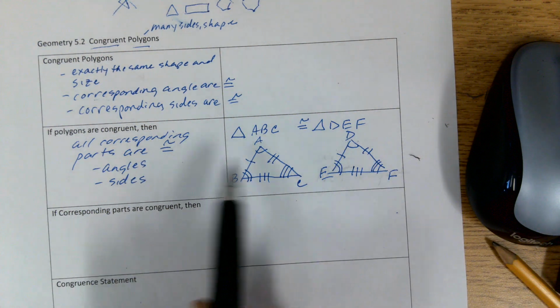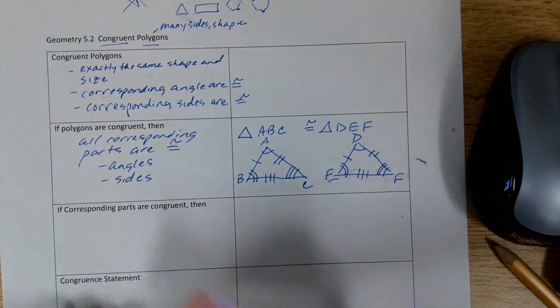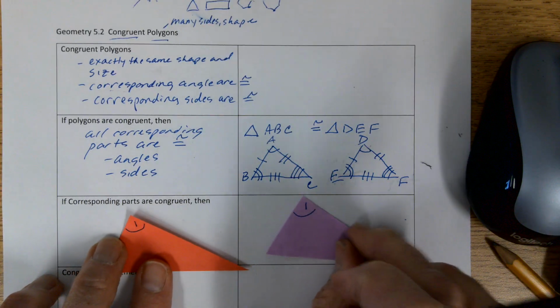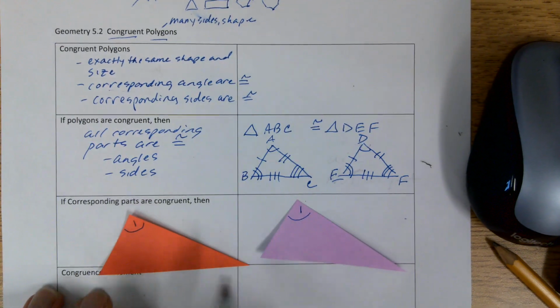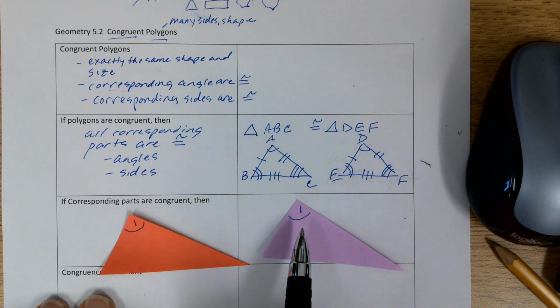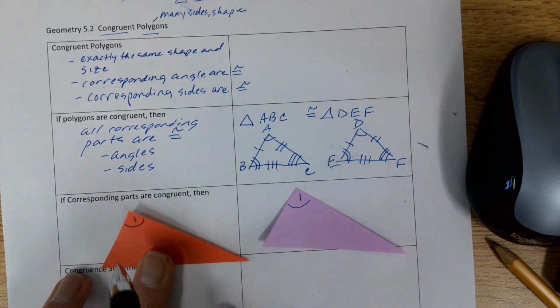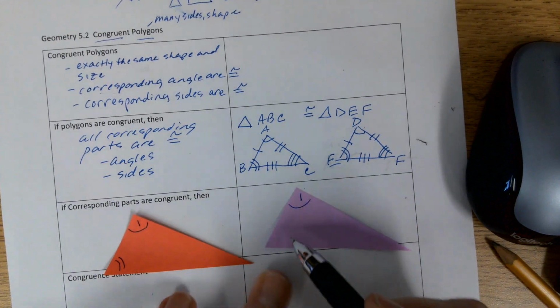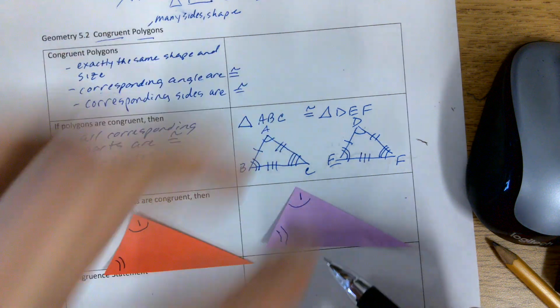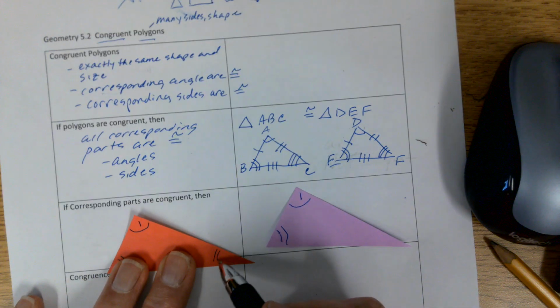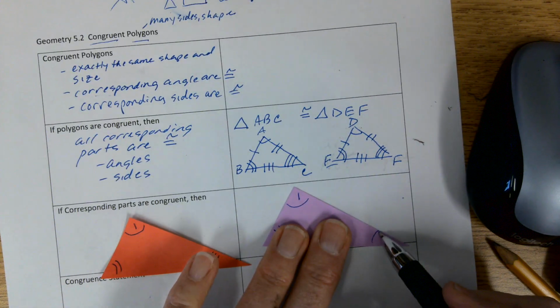So when we say if they're exactly the same, right, like this triangle is congruent to the purple, the red and purple triangles are congruent. They slide over each other, they match up perfectly. All the matching angles are congruent, right? And all the matching sides are congruent.